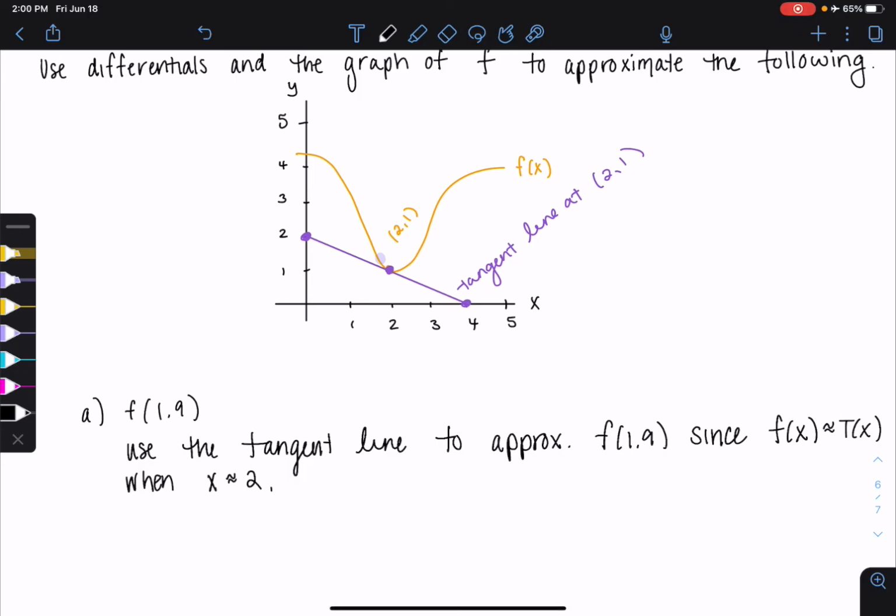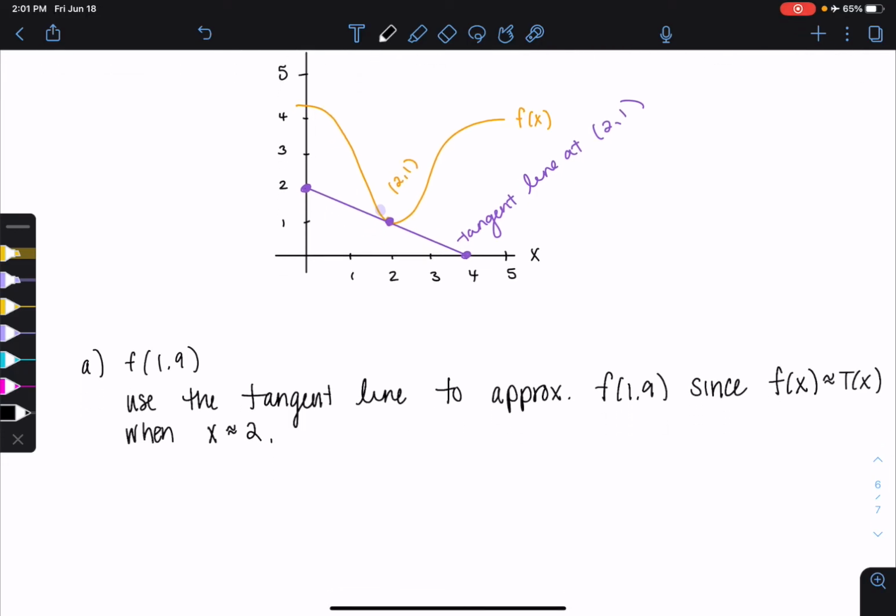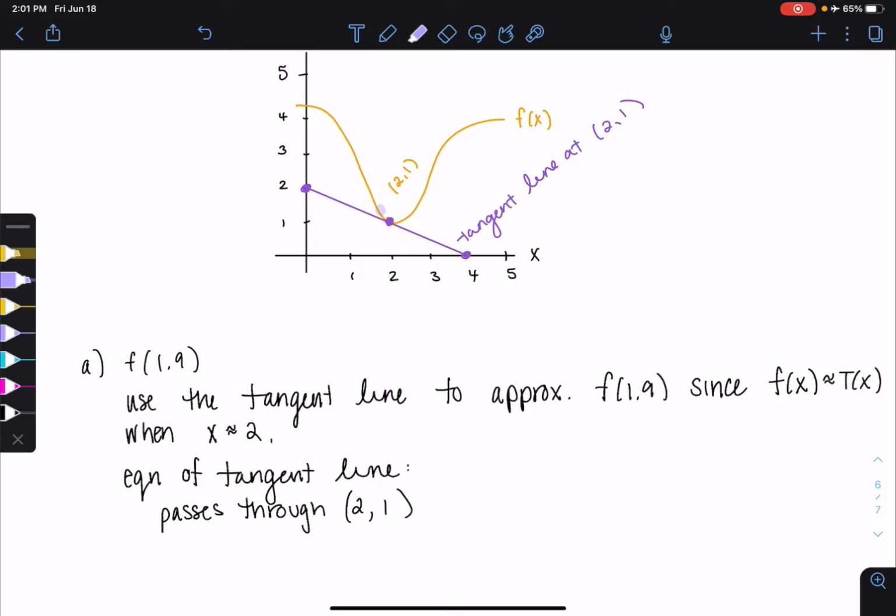Okay? So I need to find the equation of the tangent line. And all I know is it passes through the point (2, 1). And then utilizing the graph, the slope is down 1 over 2. So its slope is negative 1/2.